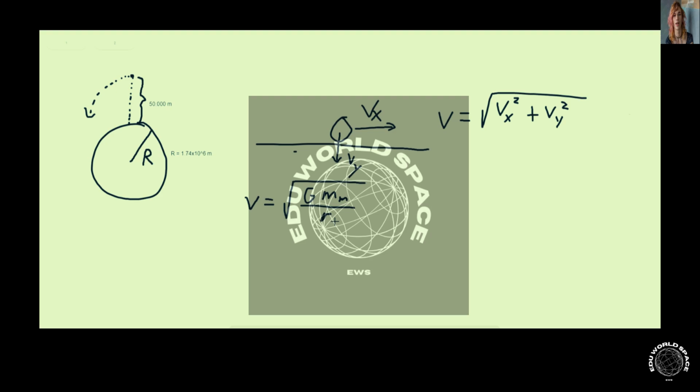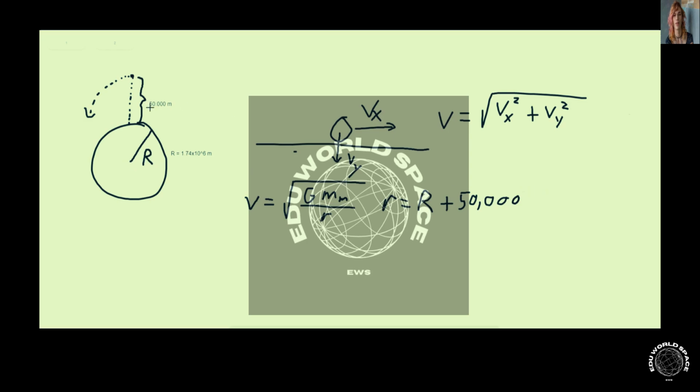Now you might notice that this distance is going to be equal to big R, which I've labeled over here as the radius of the moon, at 1.74 times 10 to the 6 meters, given to us in Appendix F, plus the 50,000 meters that it is above the surface, because that is its total distance from the center of the moon right here, right?